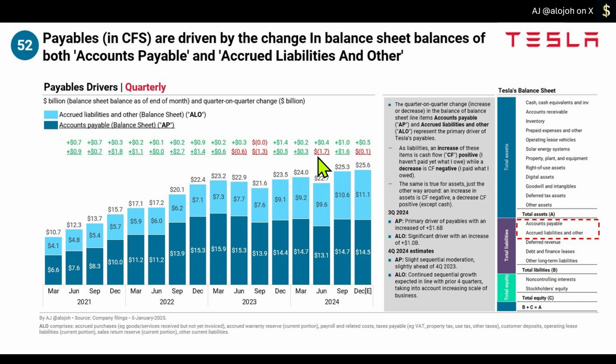So then when we analyze the situation here, I forecast about a $500 million increase, and you look at, okay, this is driven primarily by the ALO, as we just discussed, plus 700 million. I actually expect that the accounts payable, which is a more intuitive way that people think about it, the outstanding payments to suppliers, I actually forecast to go down.